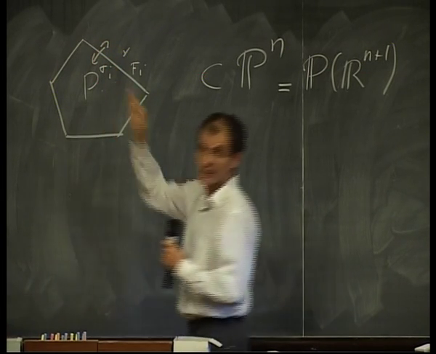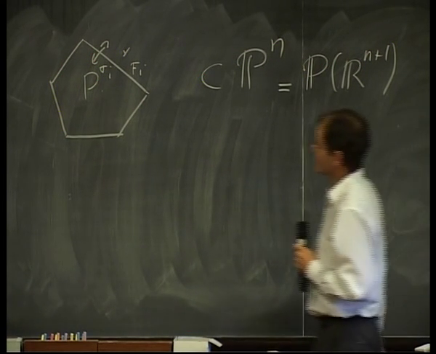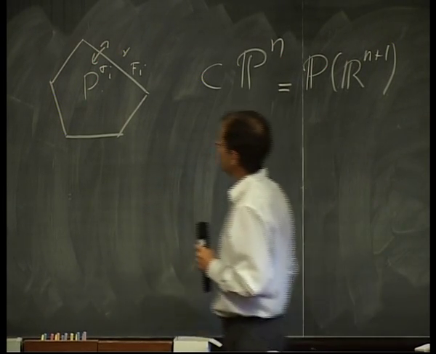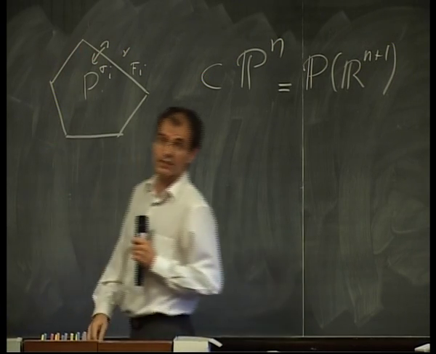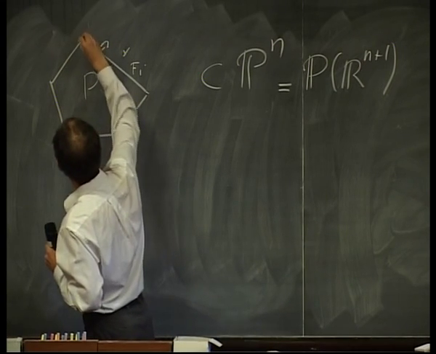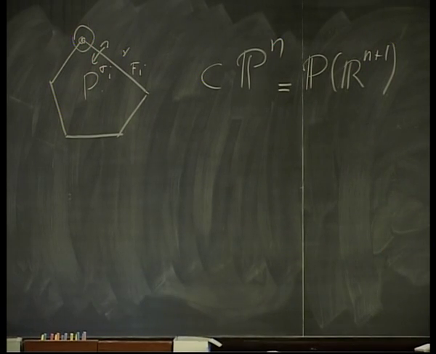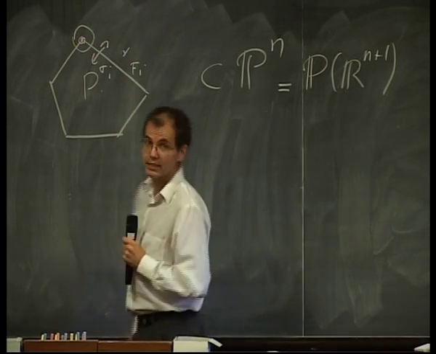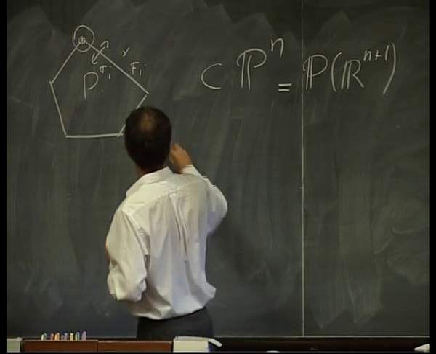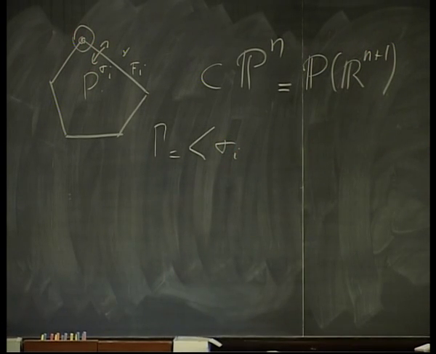For each n-1 dimensional face, I want to have a symmetry. And there is a theorem of Vinberg which tells you that if these symmetries satisfy some compatibility condition around these codimension 2 faces, then the group generated by these symmetries will be a discrete group. So this group gamma is the group generated by these symmetries.